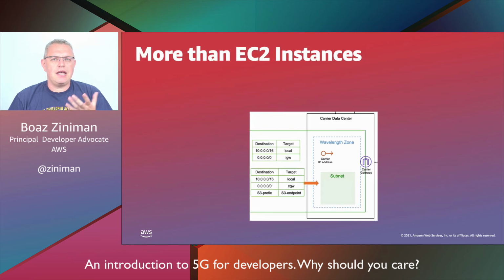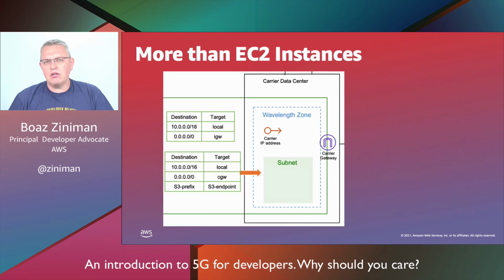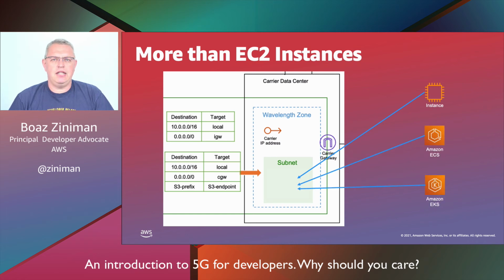But as I mentioned earlier, this is not the only option. So in addition to EC2 instances that can run on your subnet, you can deploy your application and extend your regular AWS region using containers. You can deploy your app in the same way you deploy it today using containers, using both ECS and EKS, if you prefer Kubernetes, of course.